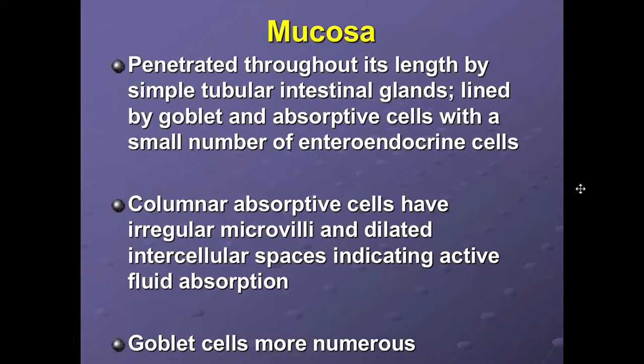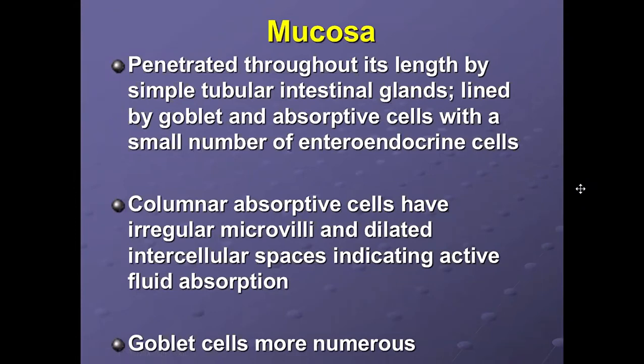Mucosa, penetrated throughout its length by simple tubular intestinal glands, lined by goblet and absorptive cells with a small number of enteroendocrine cells. This is the mucosa. The columnar absorptive cells have irregular microvilli and dilated intercellular spaces indicating active fluid absorption.